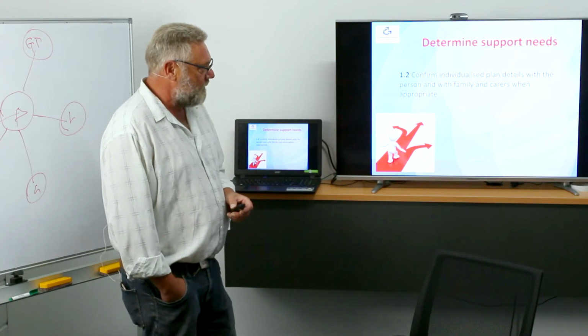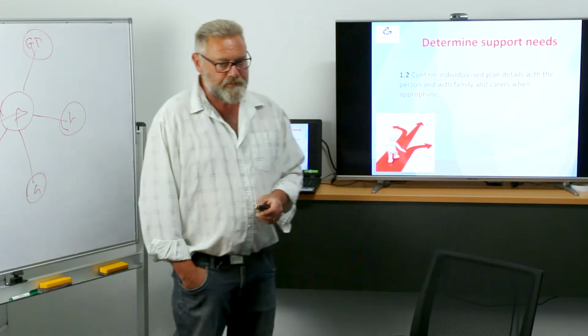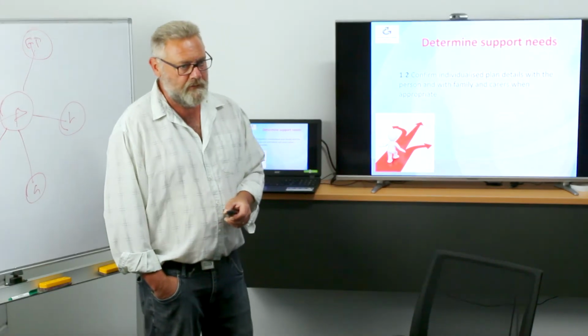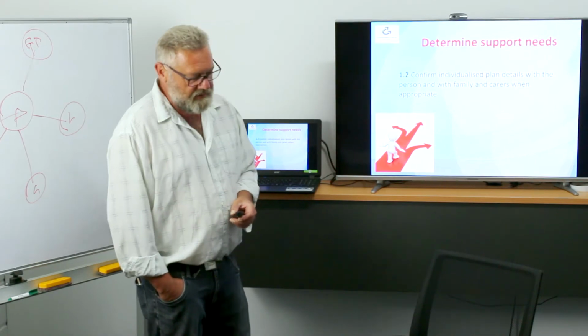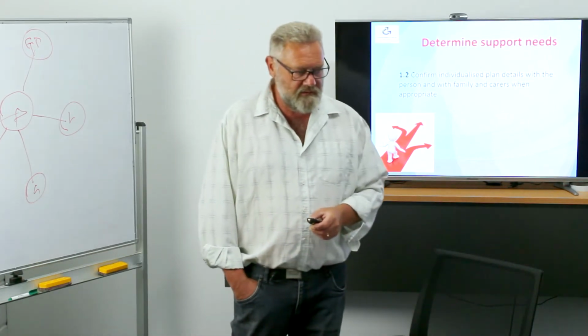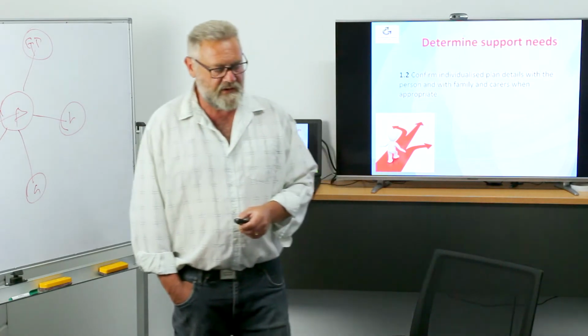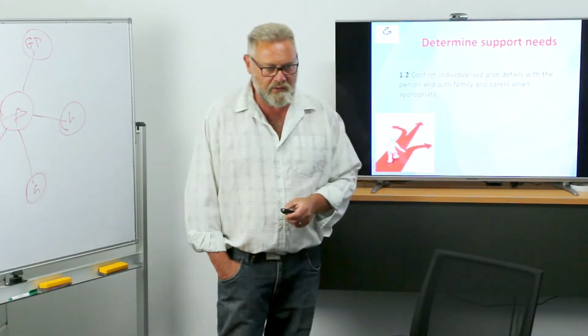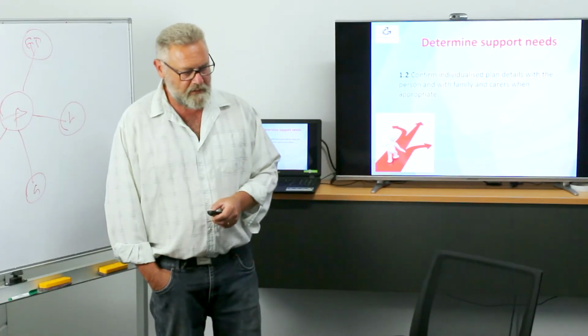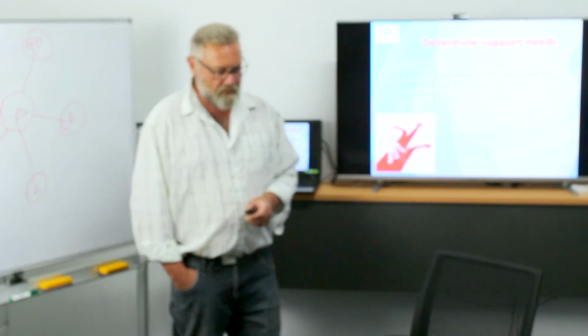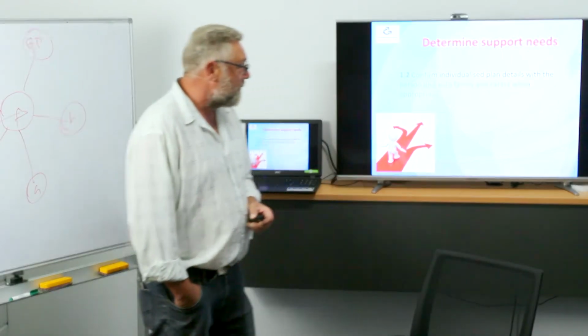So, in the learner guide, we're now up to 1.2, and in the workbook, that's question 1B. So you need 1.2 on your computer screen and 1B in your printed out learner workbook.